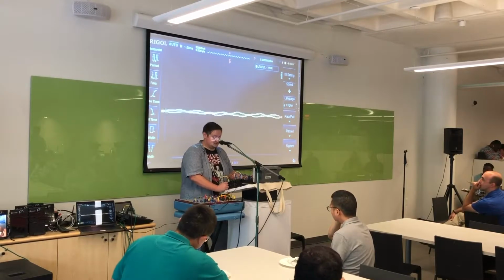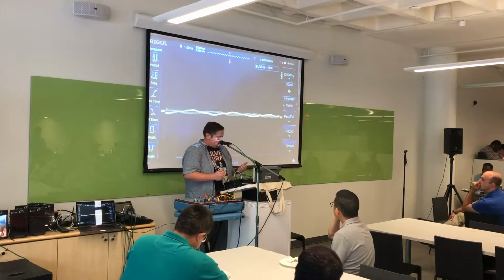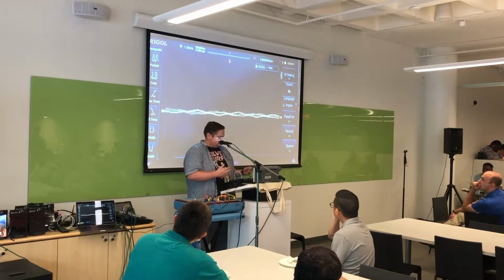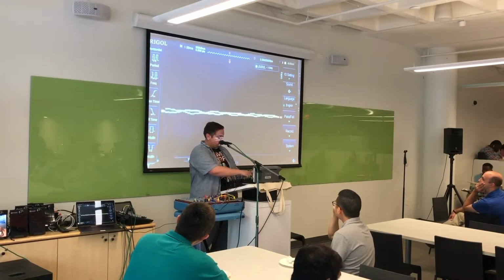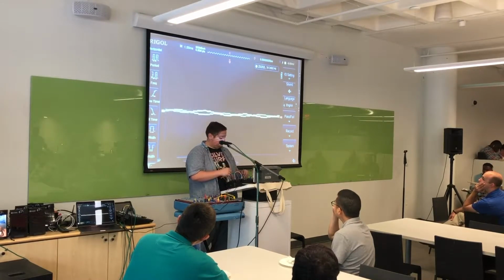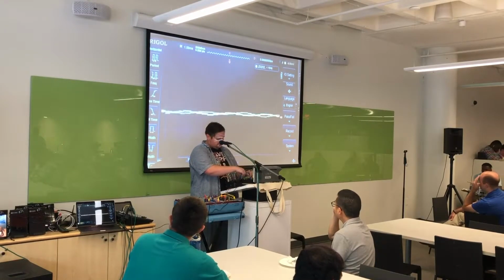There's also additive synthesis, which is kind of built on frequency modulation, which is sort of what I was doing earlier, my first example of changing the pitch. Let's get back to that.